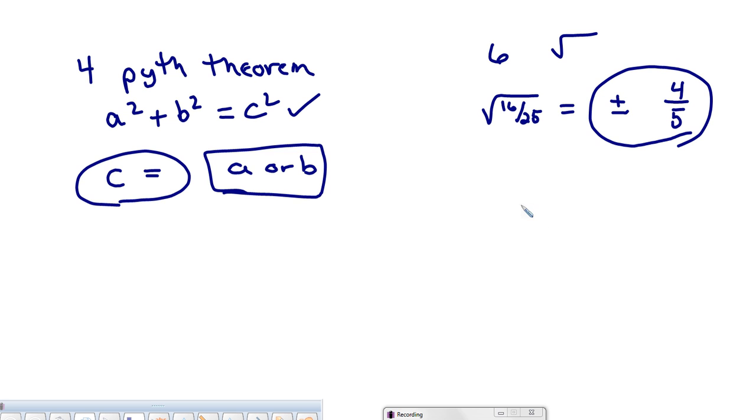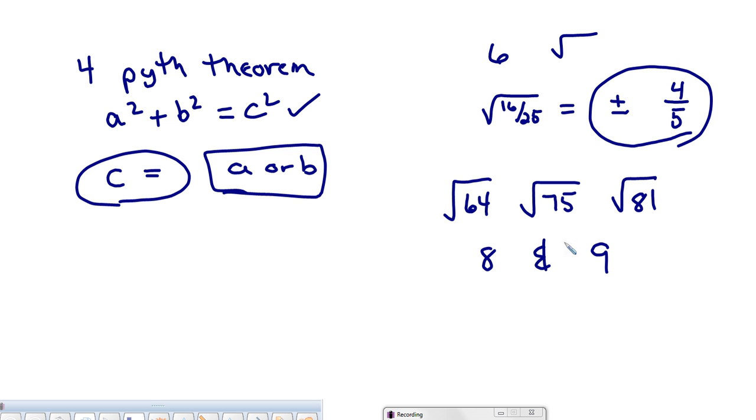They're also going to ask you what two integers a square root lies between. So if we have the square root of 75, we could say, okay, the square root of 75 lies between the square root of 64 and the square root of 81. And so I know that it lies between 8 and 9. Or we could just calculate the square root of 75.